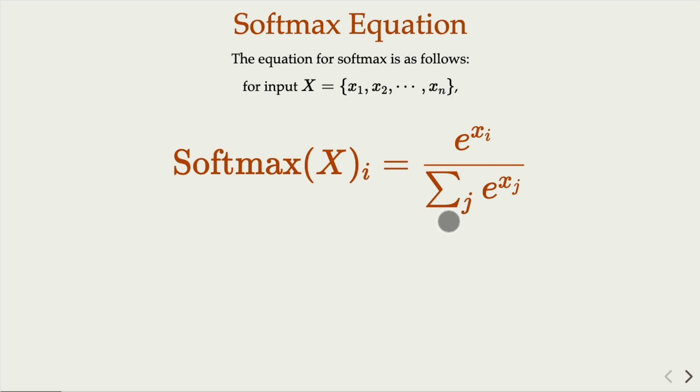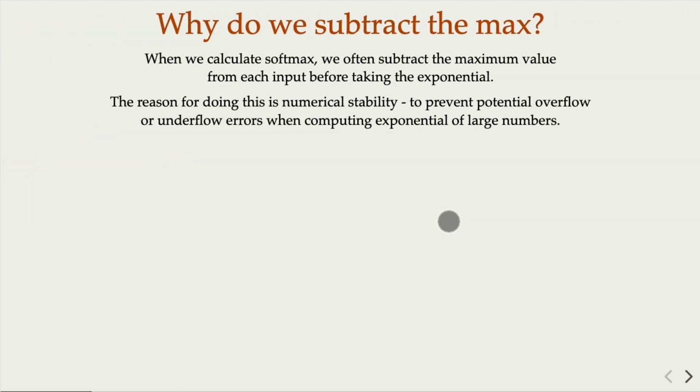Rather, you want to subtract the max value of it and then do the math. And what is the reason for that? It is actually for numerical stability. By doing so, we avoid dealing with potential cases of overflow or underflow for some extreme values.